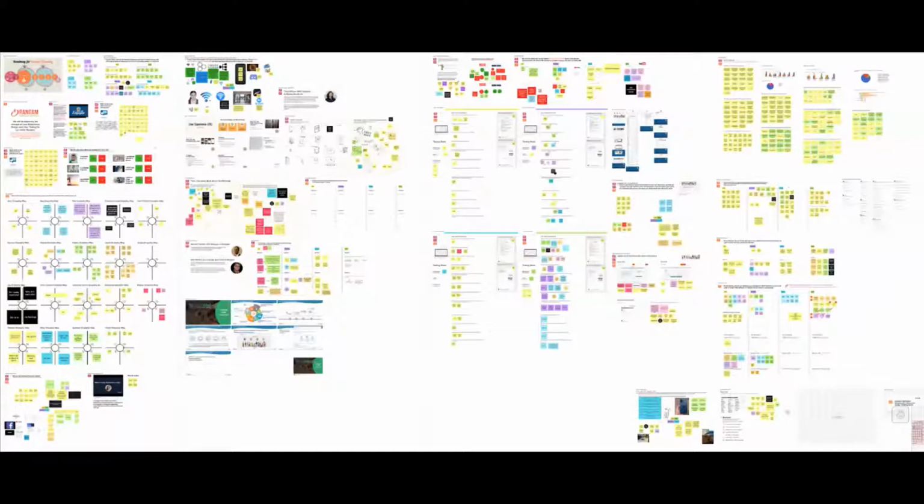So this is our very huge and extremely confusing mural. You won't have to look at this, but it is an example. Every Post-it note that you see in there is a Post-it note that a student put in. They worked together in teams, and it was pretty neat to see them create and ideate around a user experience.